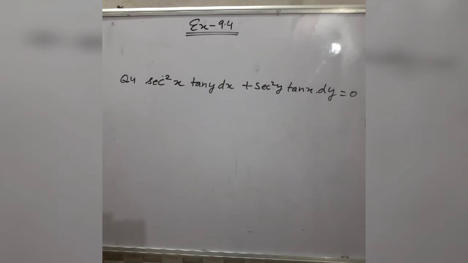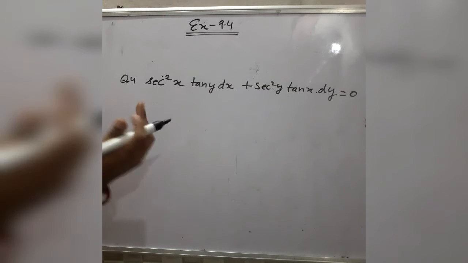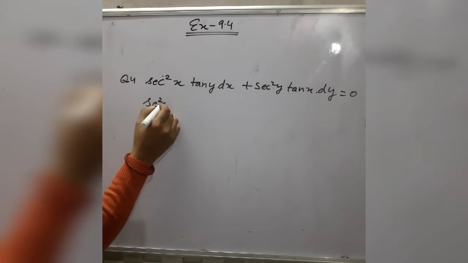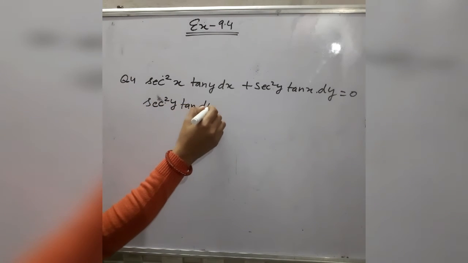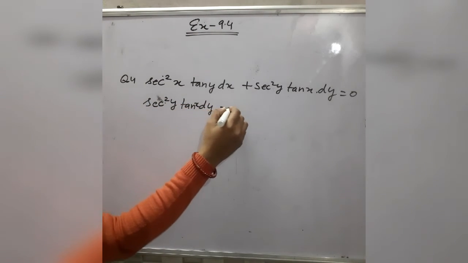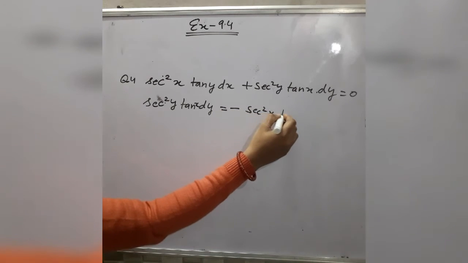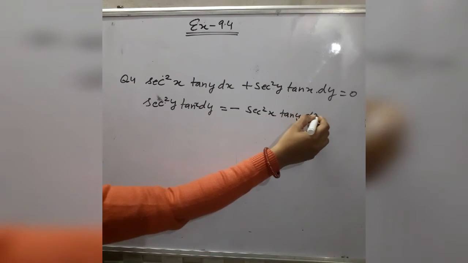So we will shift this first term, secant square x into tangent y into dx, on another side. So it can be written as secant square y into tangent x into dy is equal to minus secant square x into tangent y into dx.